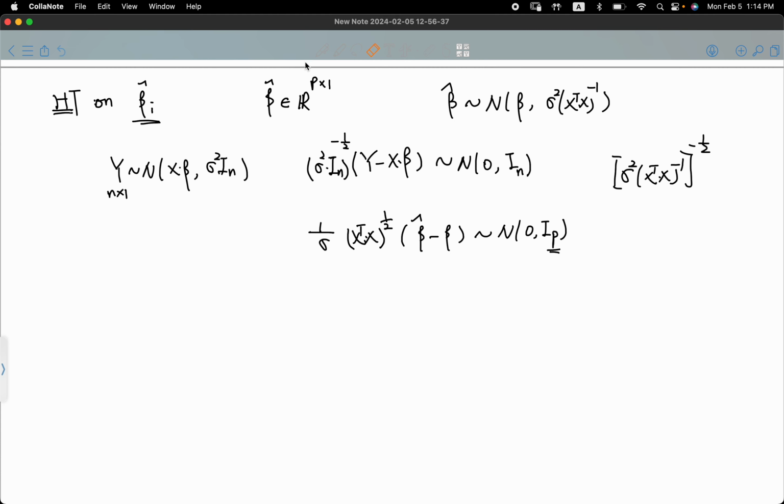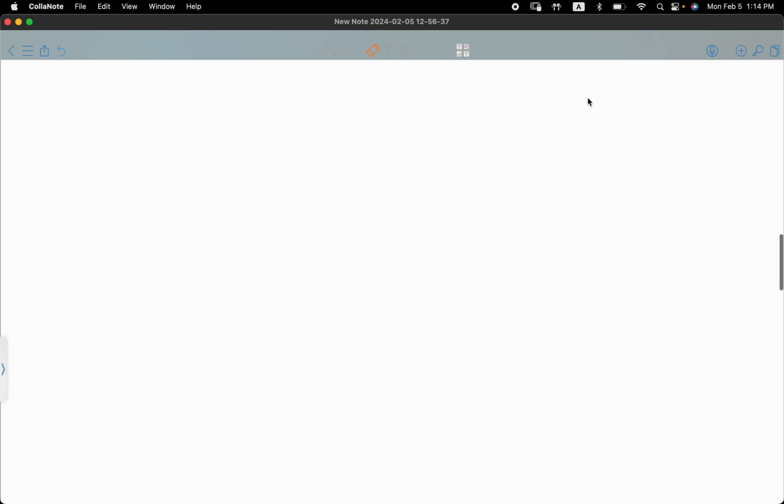And these two standardized normal distributions are the ones that we're going to use later. Okay, with that in mind, let's discuss how we are going to verify the distribution for beta as a t distribution, and conduct our hypothesis testing. So let's start from y minus x beta.